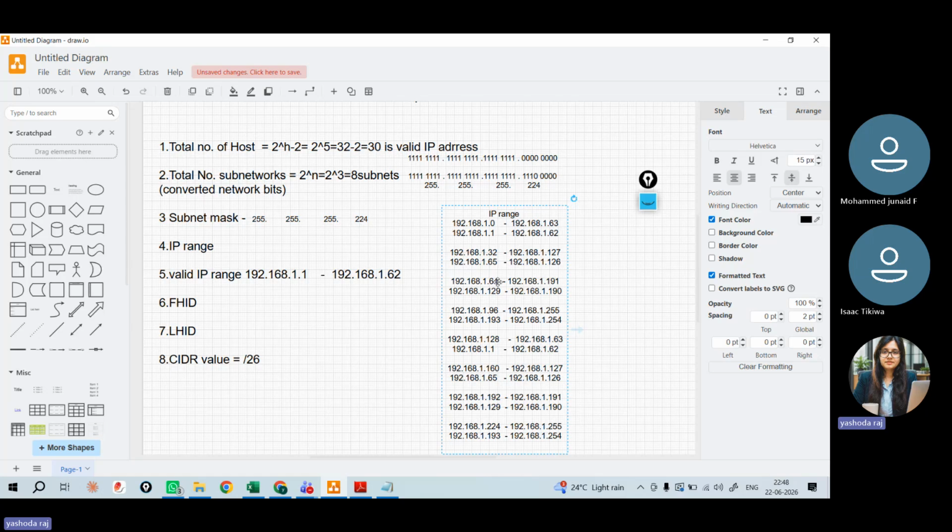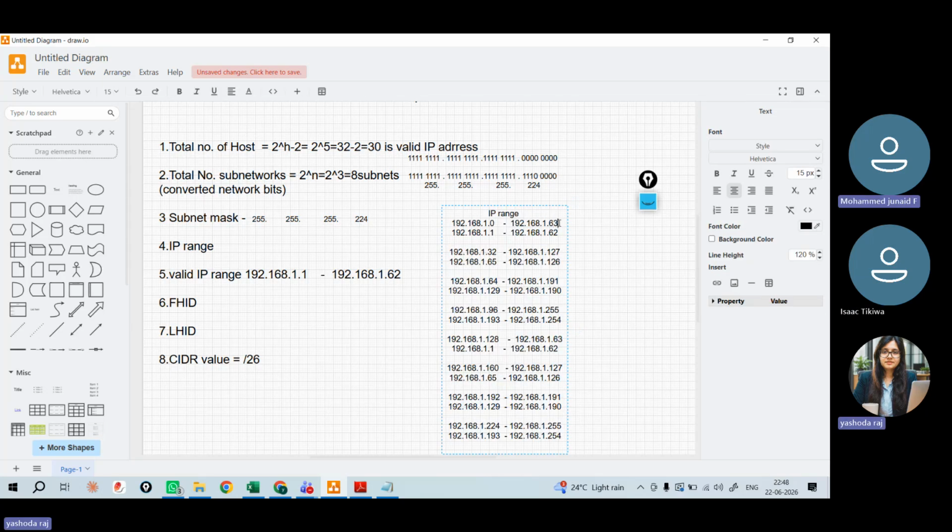Visible, right? Here I have to write the last one. 1.0 to 1.31, right?